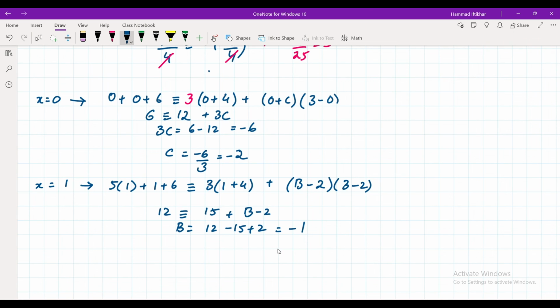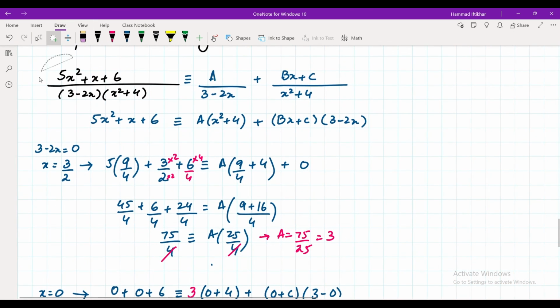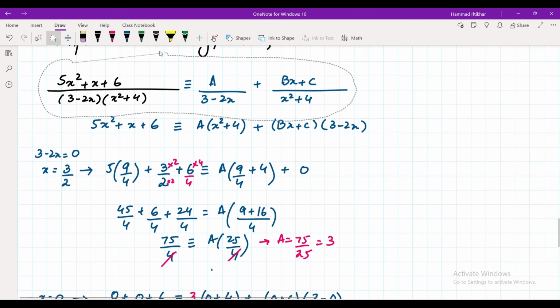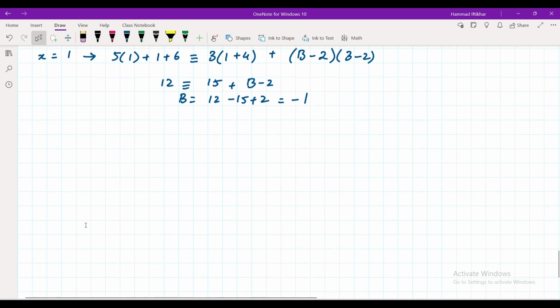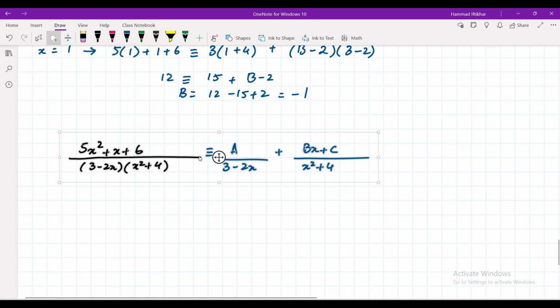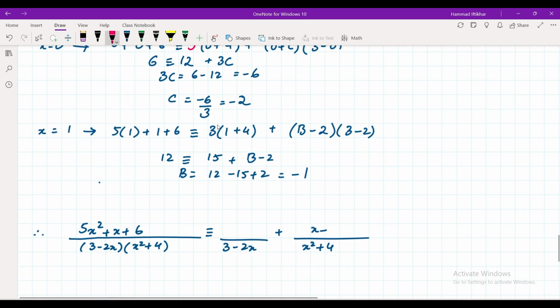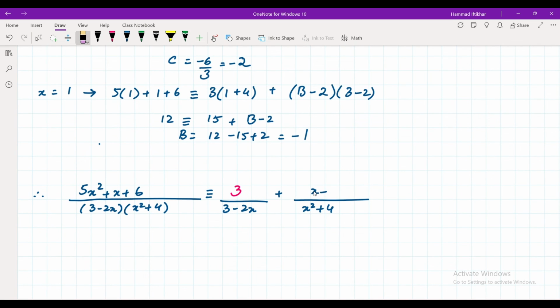Now that we have found out a, b, and c, we just need to rewrite this back as the final answer. So therefore, the final answer, so a was 3, b was negative 1, and c was negative 2.